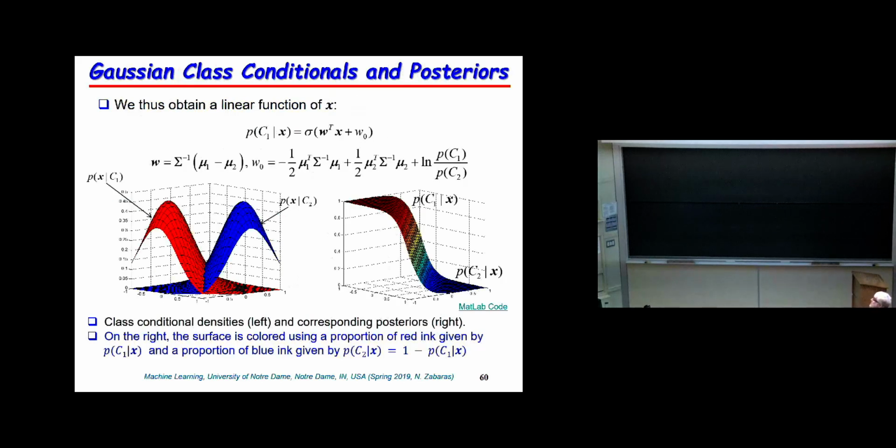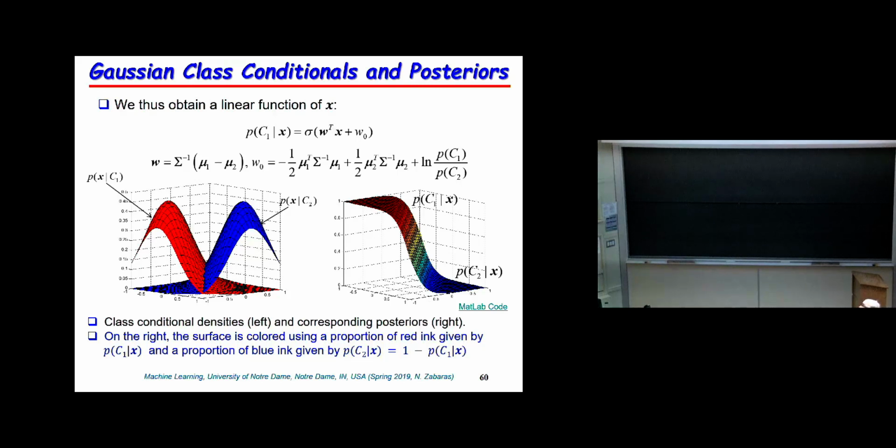All right, so here is an example for two classes. You can think of these as the two Gaussians that represent the class conditional distributions. You put some priors, you can make them 50% each.